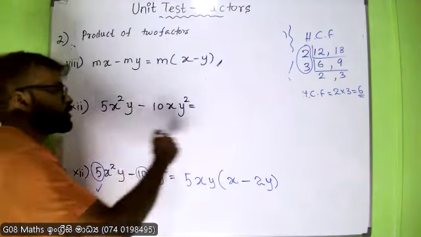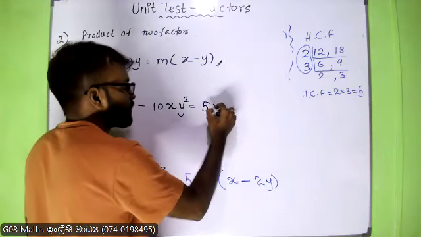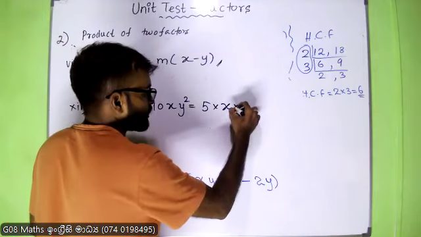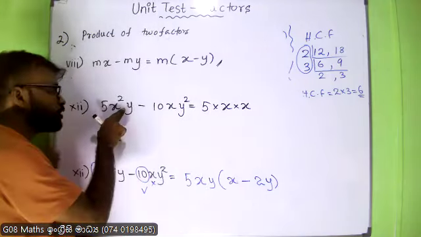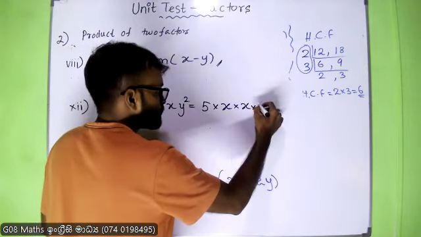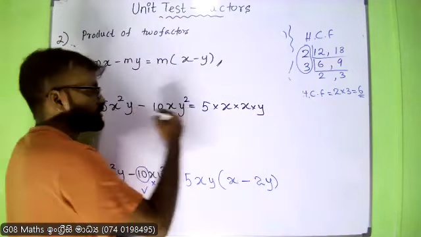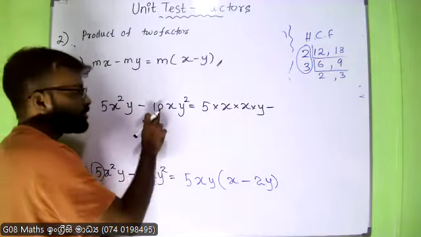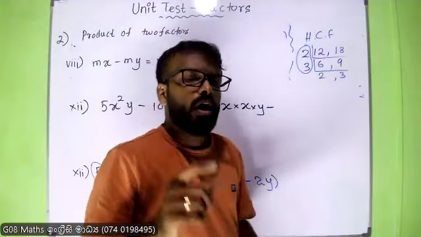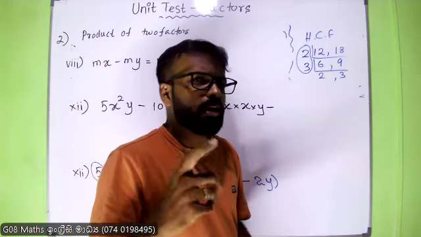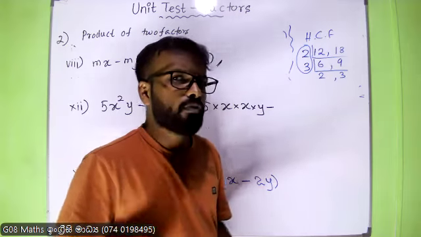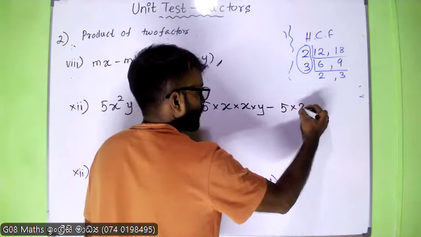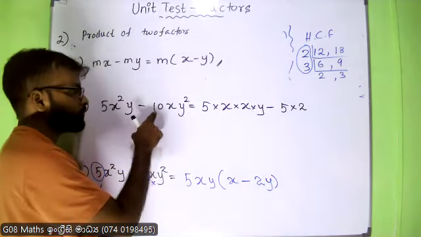Here 5 times x to the power 2. X to the power 2 means x into x, multiplied by y, minus. Here you have 10. Now you are going to write down 10 by using the multiples of 5. 5 times 2, 10.